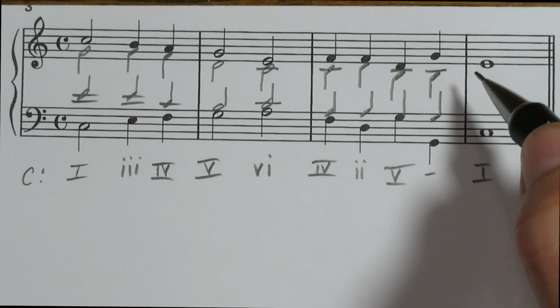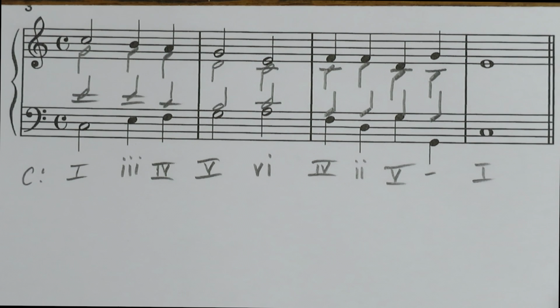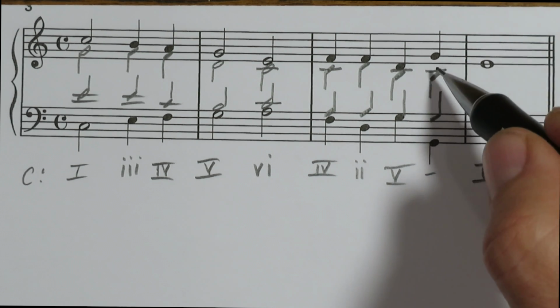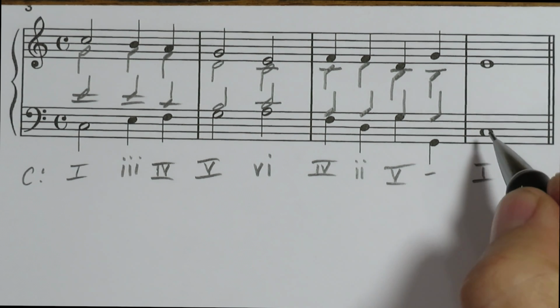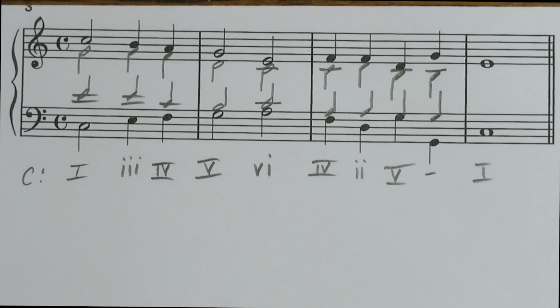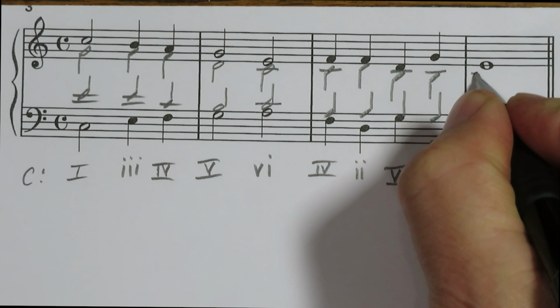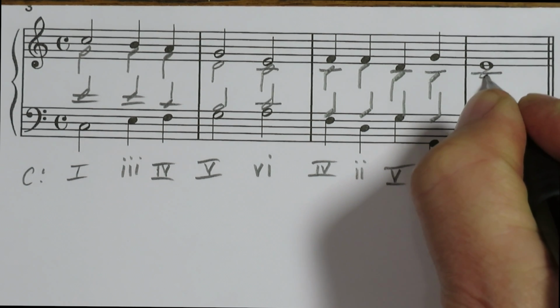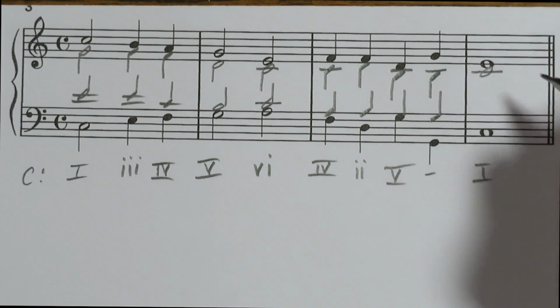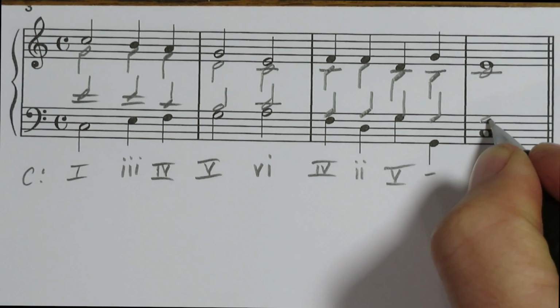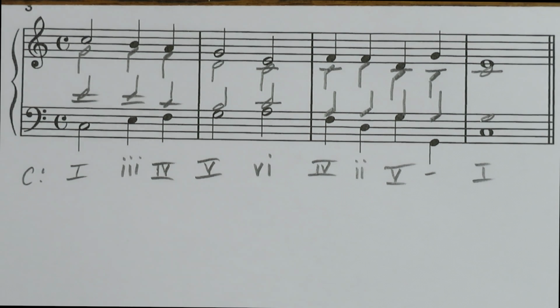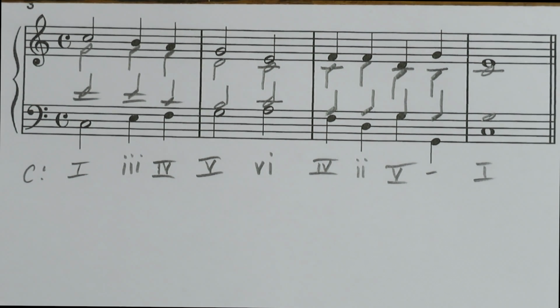All right, we've omitted the 5th, the D. There's no longer a D. And so that means we can do a complete one chord. The leading tone will go up to the tonic, and we'll keep the G as a common tone. And there it is.